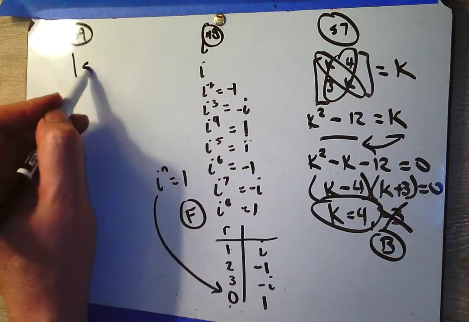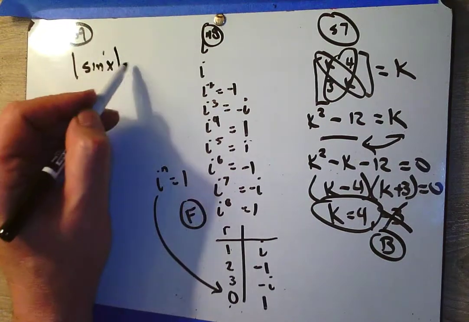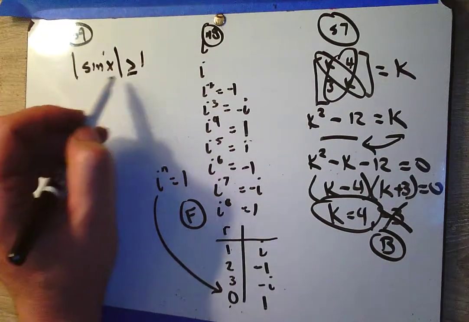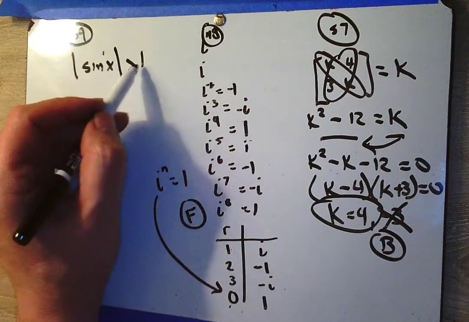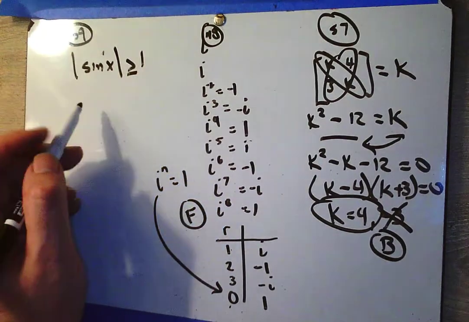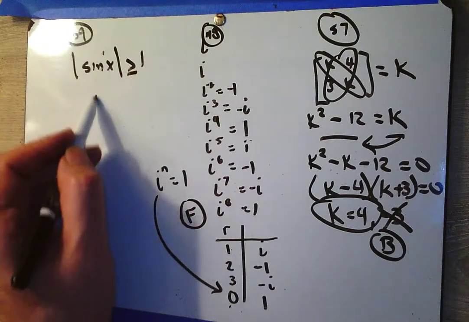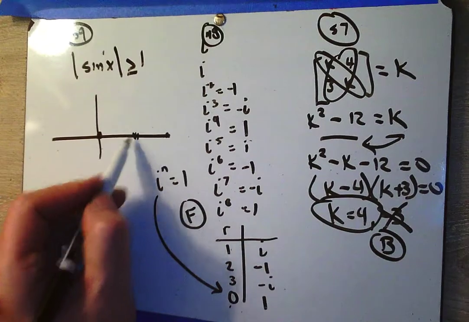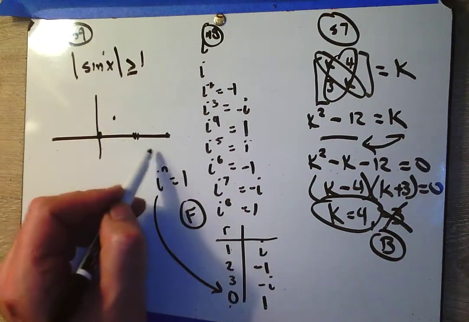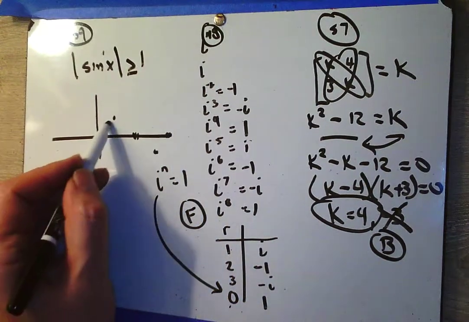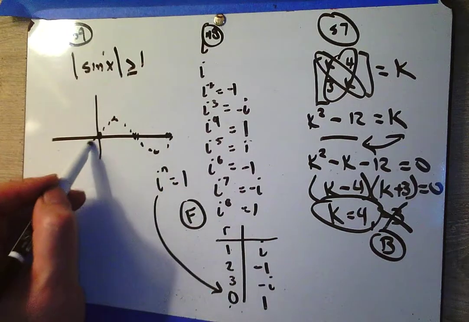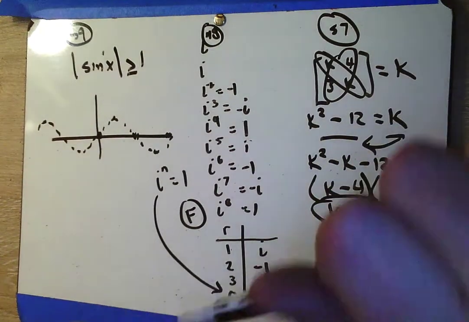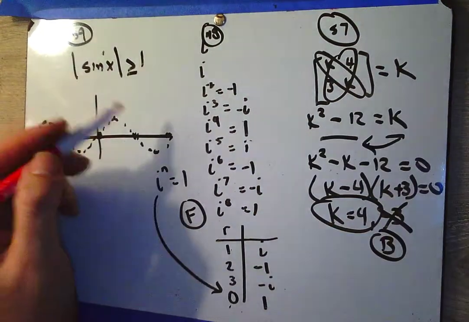59 says absolute value of sine is greater than 1? Oh, greater than or equal to. We know sine is never greater than 1, but sine could be equal to 1. Let's take a look at what the absolute value of the sine graph would look like. Sine normally starts on the midline, goes up to its high, down to its low, and back up again. So this is the sine graph. But if we're looking at absolute value of sine, all these negative bits get flipped up.